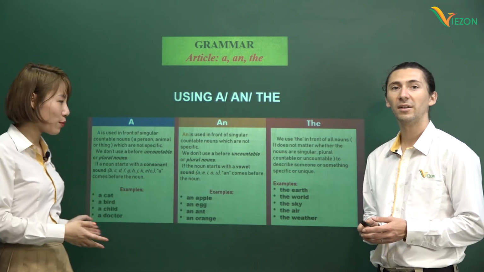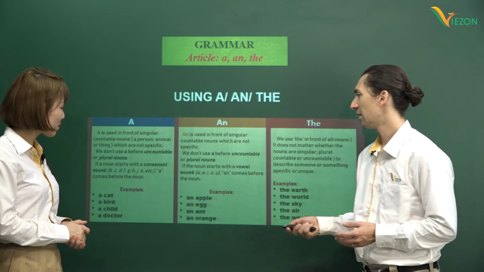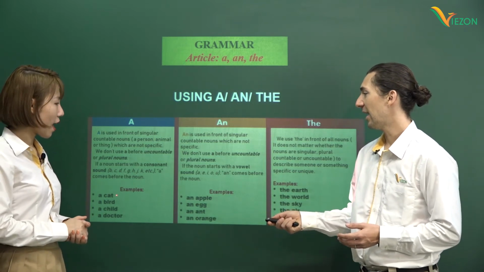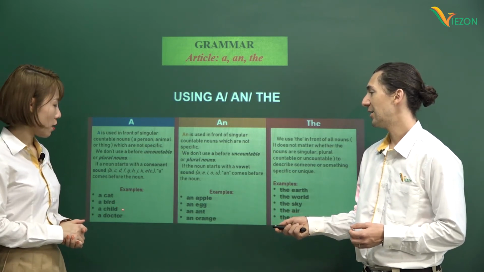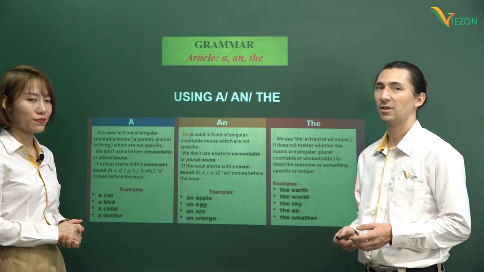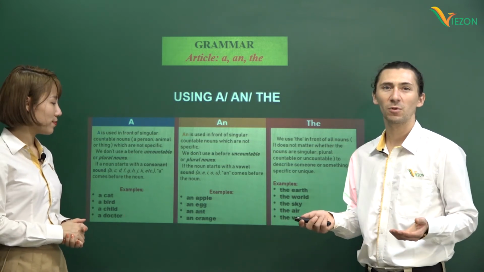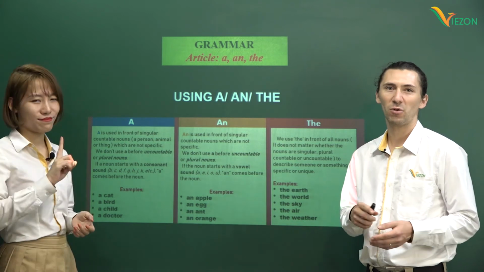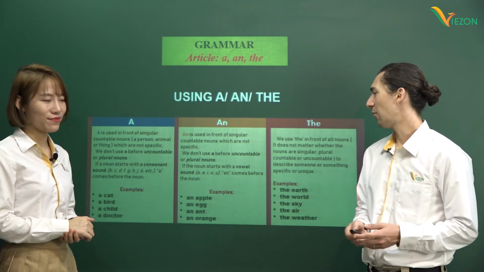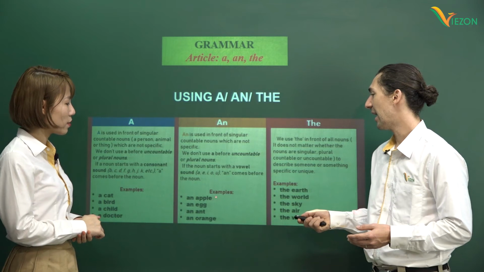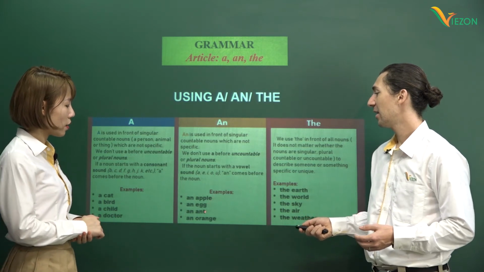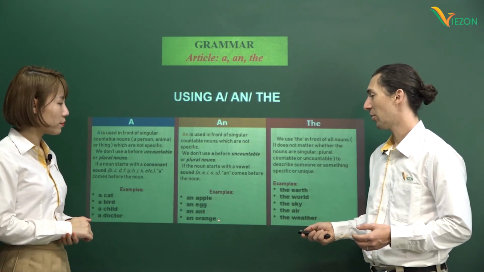Examples. So we have some examples for each one. For a, we have a cat, a bird, a child, and a doctor. Do we know what cat we're talking about? No, it's more in general. A cat. All right, and for an, we have an apple, an egg, an ant, and an orange.